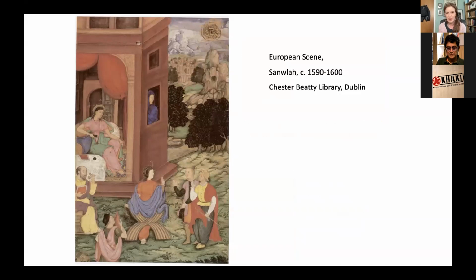And this painting by Sanwlah, again, that dates in this first generation of artists who are dealing with the influx of European art that comes to the Mughal court, is, I think, a wonderful example of how we see the very unstable identity of the Madonna intersecting with the idea of an allegorical female saintly figure, these very strong women that come in response to European art.